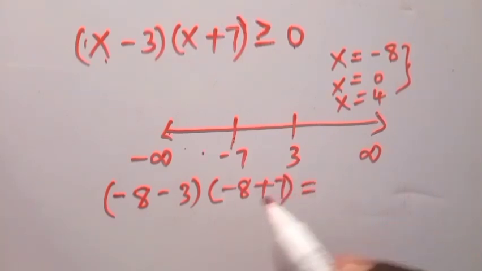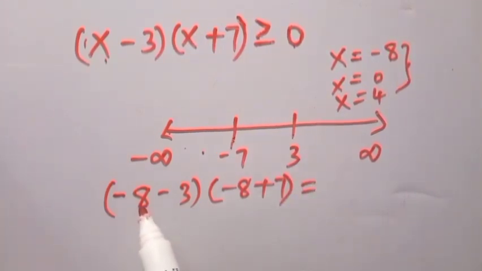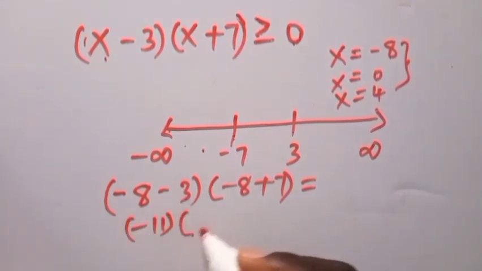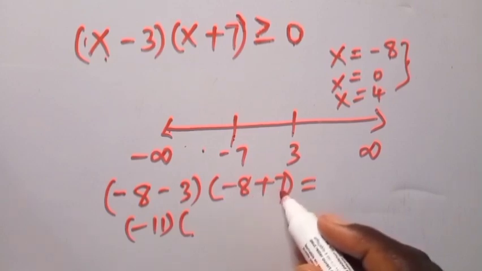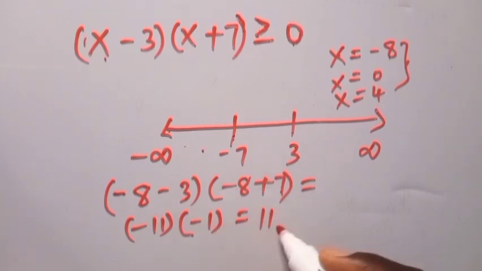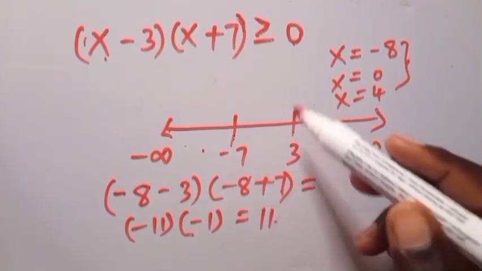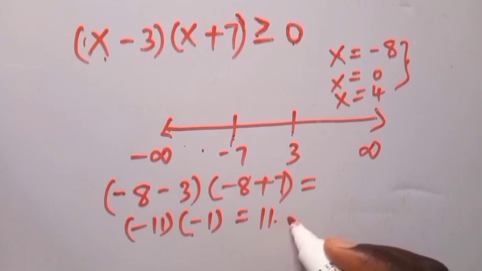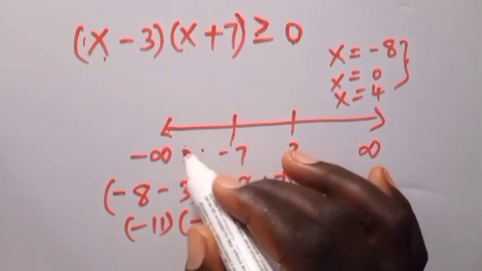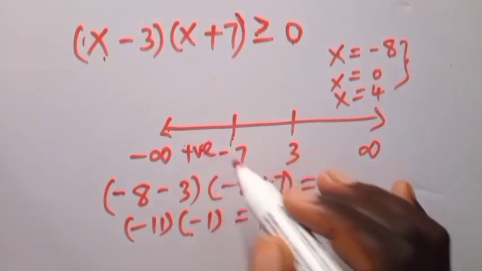What do we obtain? -8 - 3 is -11. -11 times (-8 + 7), which is -1. So -11 times -1 is positive 11. And 11 is greater than 0. And in this case, it is positive at this point. The answer is positive.